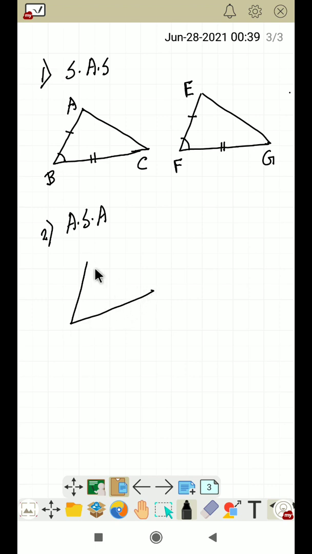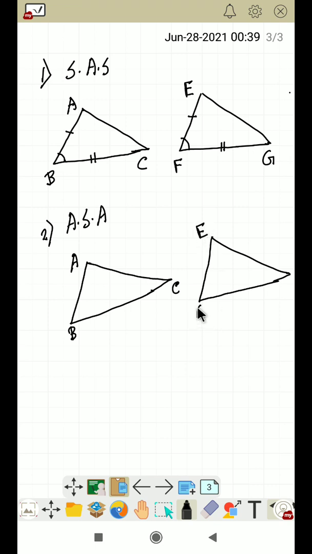Suppose this is one triangle, ABC, and another triangle, EFG. Angle side angle.